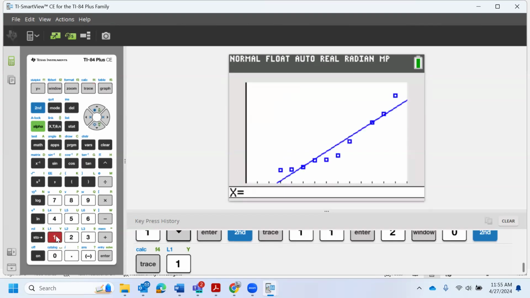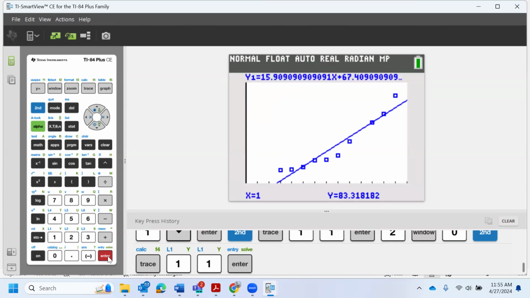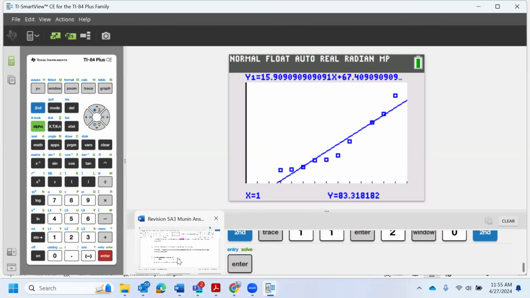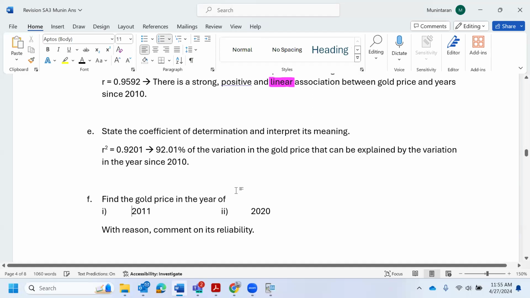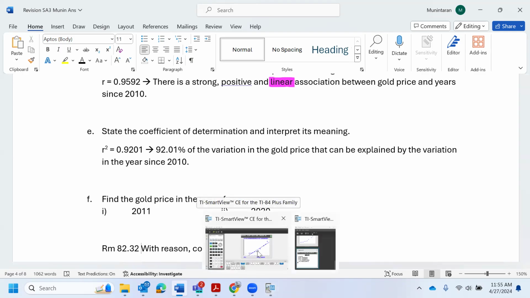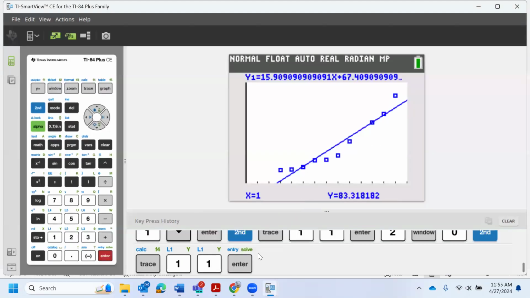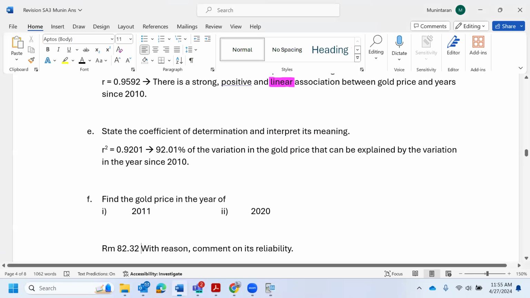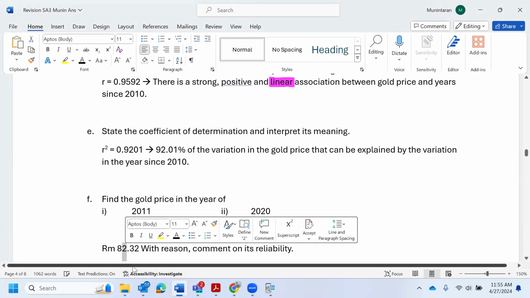Value, if you put 1, you got 83.32, right? 83.32, money to decimal. So you have RM83.32. See the errors.